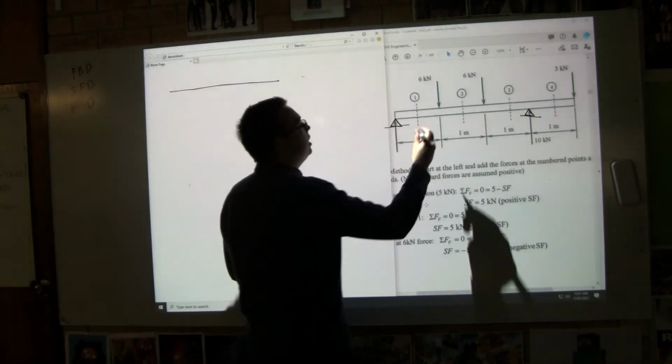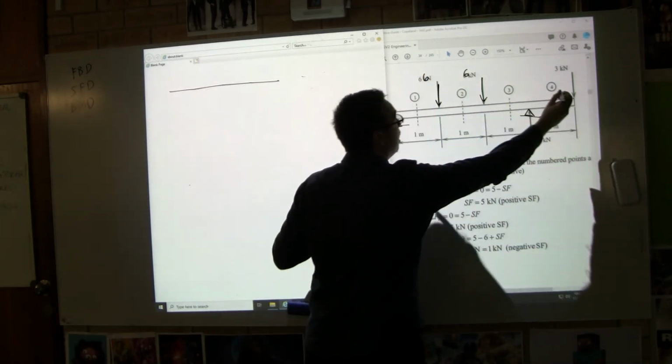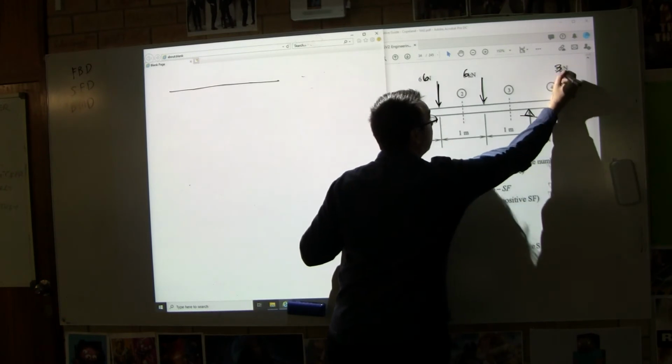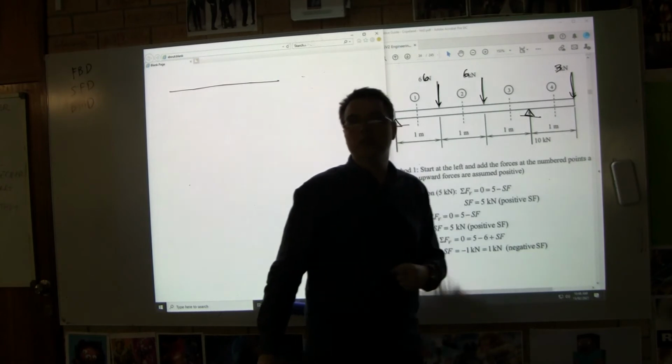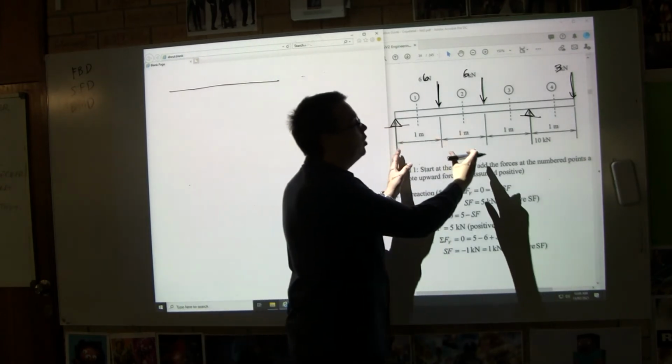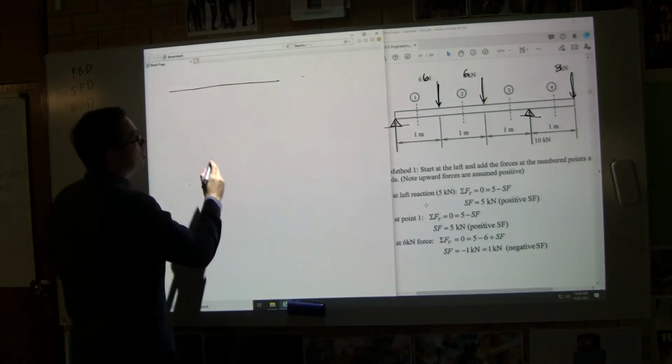These are our forces. We have a 6 and a 6 down, and we have a 3 that's cantilevered. Cantilevered means that the force is applied outside of the reactions. We have 2 reactions and a force that's applied outside of the reaction. So I'm going to draw that diagram here.